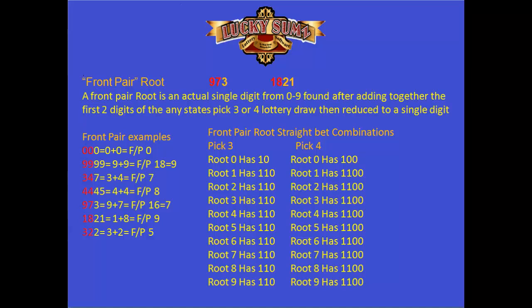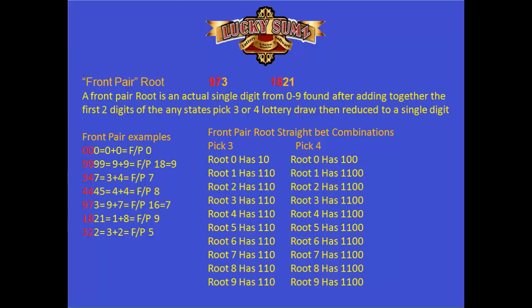3, 4, 7, which would be just the 3 and the 4 added together, which would be a front pair 7. 4, 4 would be a front pair 8. 9, 7, which would be the front pair 7. 1, 8, which would be the front pair 9. And 3, 2, which would be the front pair 5.